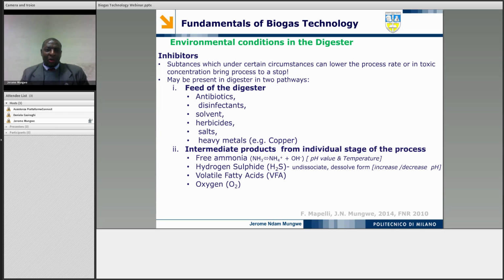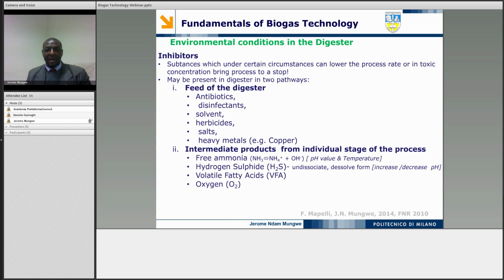In the digester, or in the process of anaerobic digestion, we can have inhibitors, which are substances that under certain conditions can lower the process rate, or in toxic concentration can bring the process to a stop. These inhibitors can be introduced into the process via two principal ways.